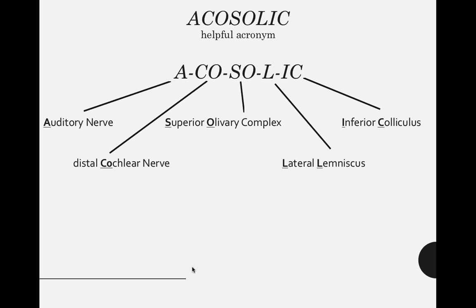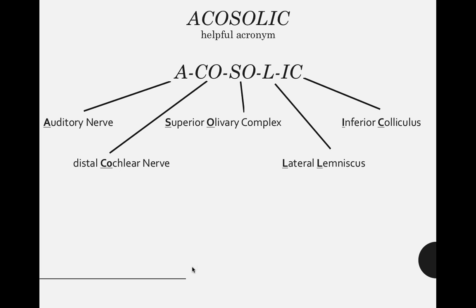ACOSOLIC. A for auditory nerve, CO for the distal cochlear nerve, SO for the superior olivary complex, L for the lateral lemniscus. It should really be 2 L's, but it's confusing to write that out and see it with 2 L's. I think 1 L looks better, but you need to know it's the lateral lemniscus, which is 2 L's.